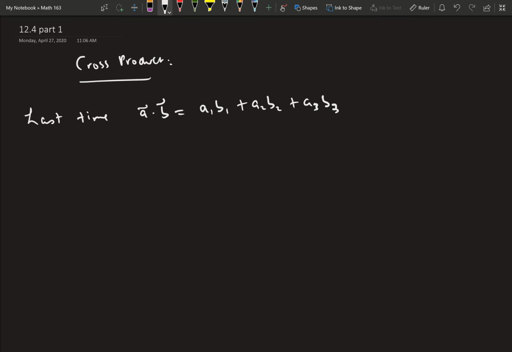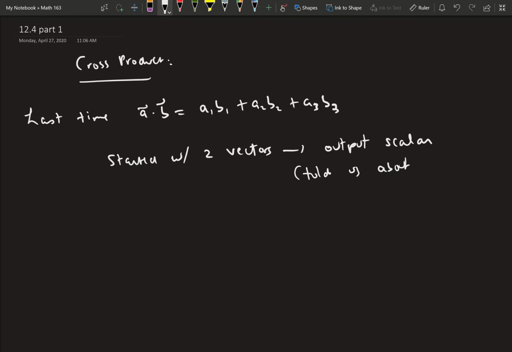So you started with two vectors and you outputted a scalar, a number, right? And that scalar told us about orthogonality. When two vectors are perpendicular, the dot product is 0.